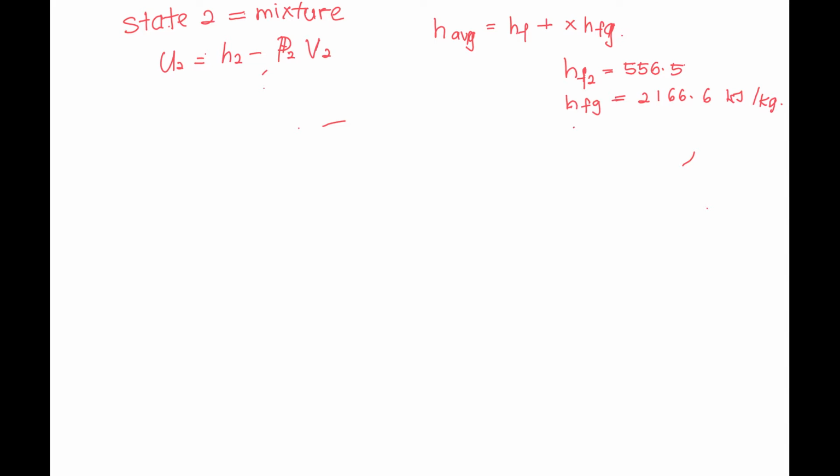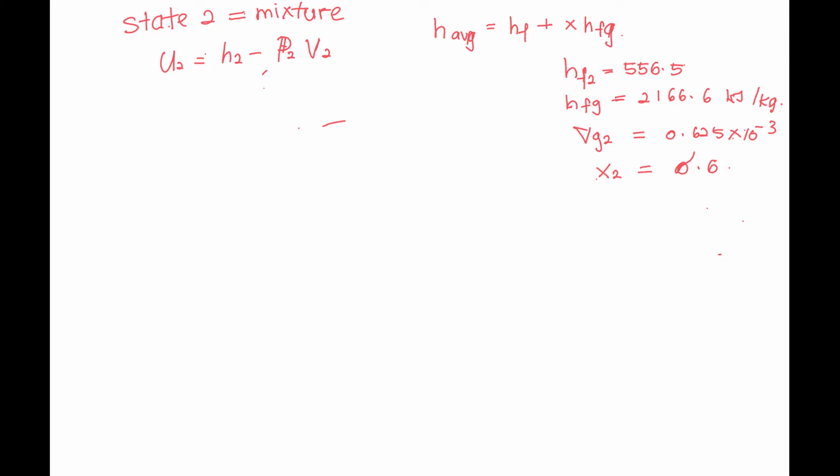VG2, this one is actually for specific volume, which we'll use later on for the PV. I'm going to put here 0.625 power negative 3, because it's relatively small, and X for X2, the quality, is 0.6.